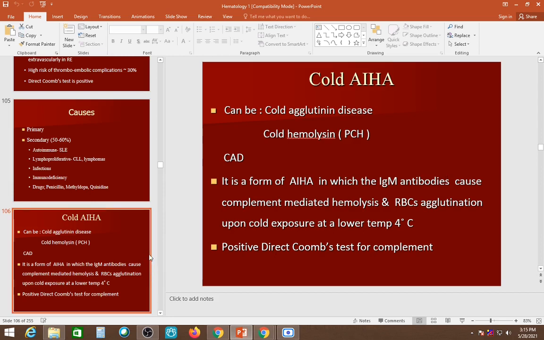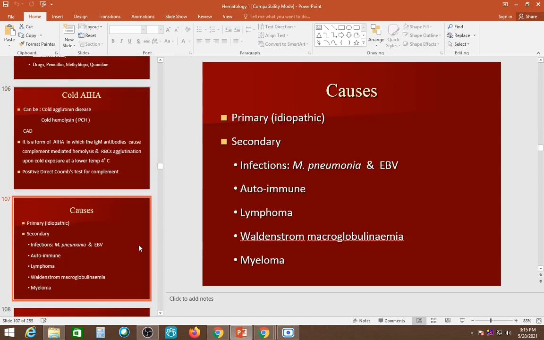The causes can be primary and secondary. Secondary causes include infections like mycoplasma pneumonia, viral infection like EBV, some autoimmune diseases, lymphoma, Waldenström macroglobulinemia and myeloma.